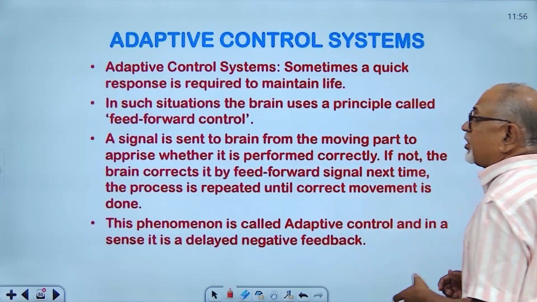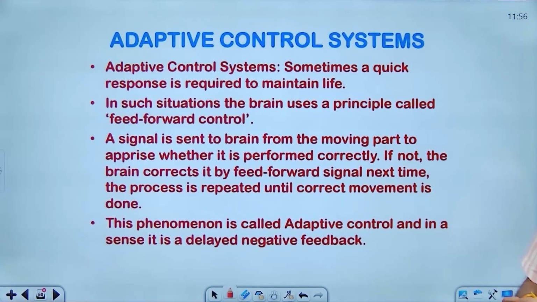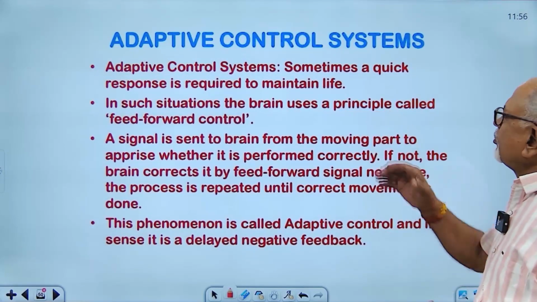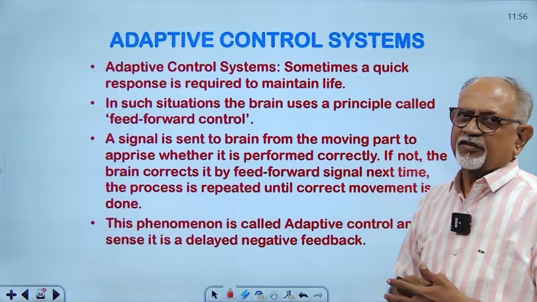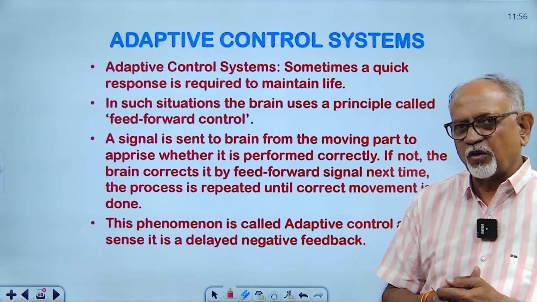Now, adaptive control system. An adaptive control system sometimes works when a quick response is needed.